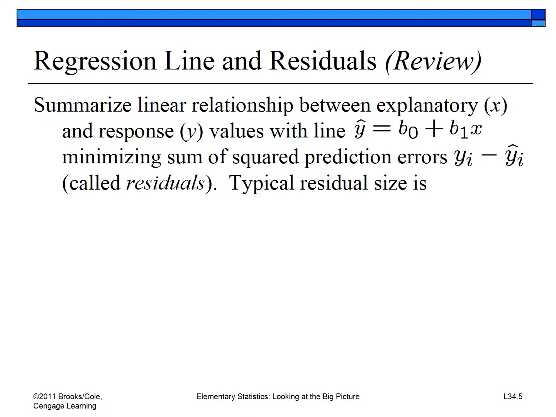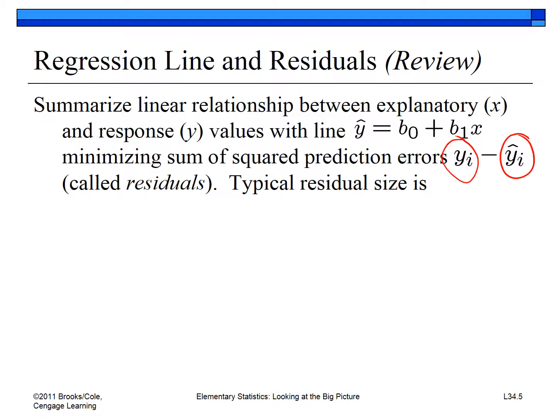Once we have the equation of the regression line, which we will write this way, y hat equals b sub 0 or b naught plus b1 times x, this line is chosen so that the prediction errors, those are the residuals, that's the actual y value minus the predicted y value, when you take those errors and square them and then add those up for all the points, the least squares regression line is the one that minimizes that total.